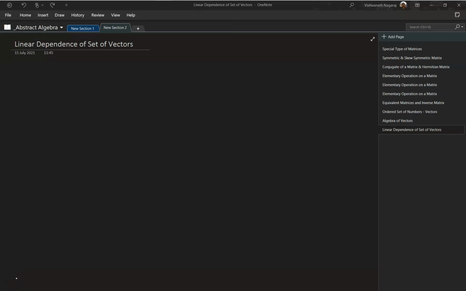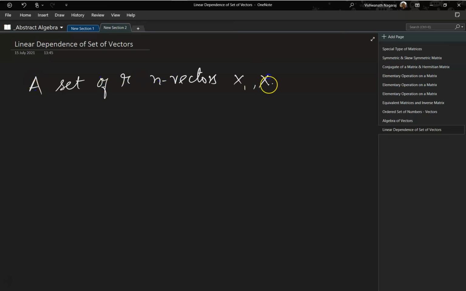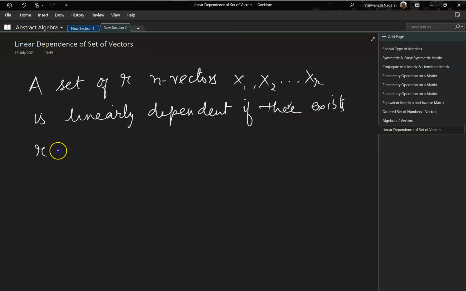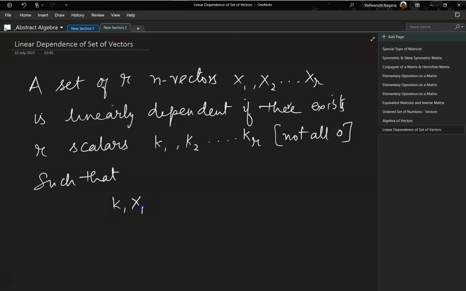Linear dependence of a set of vectors. A set of vectors in Rn, x1, x2 up to xr, is linearly dependent if there exist r scalars, that is k1, k2 up to kr, not all 0, such that k1 x1 plus k2 x2 up to kr xr is equal to 0.